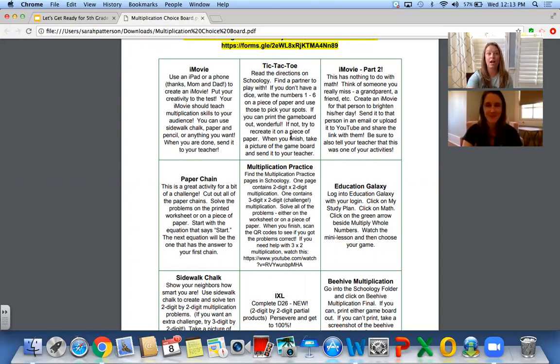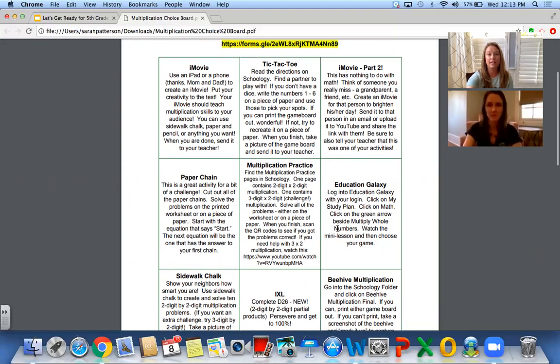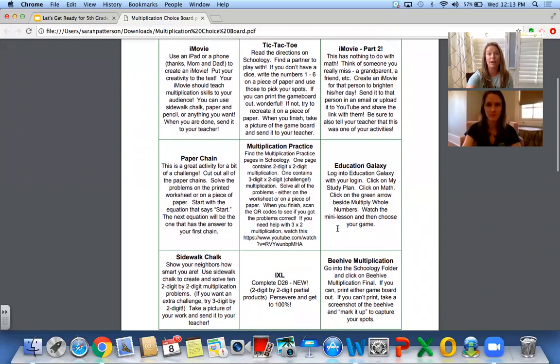Oh, I totally forgot. A couple of these, if you see where it says this is a great challenge, we also wanted to point out that we know you all are very good at 2-digit by 2-digit multiplication. In 5th grade, you're going to have to do 3-digit by 2-digit multiplication. Some of you even did that in class a little bit in 4th grade.